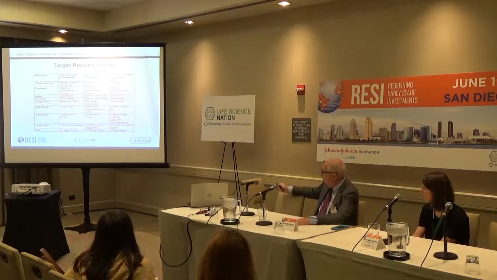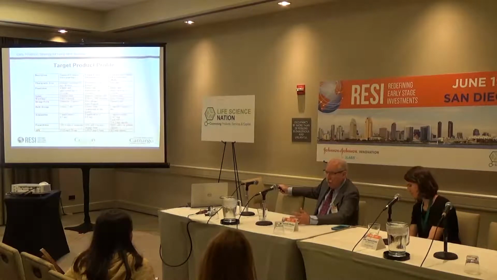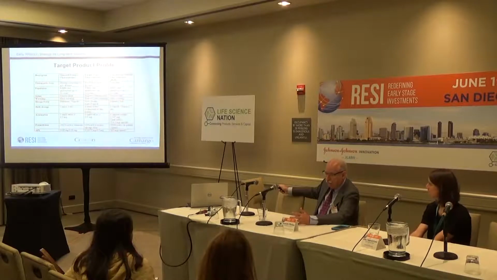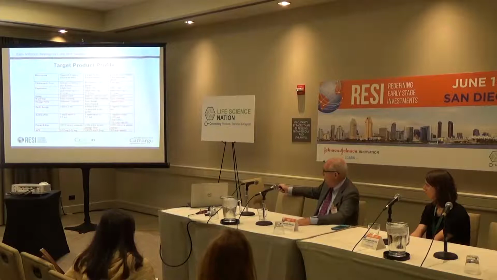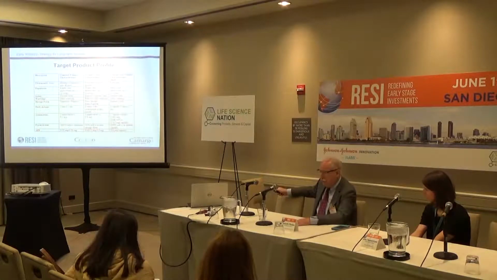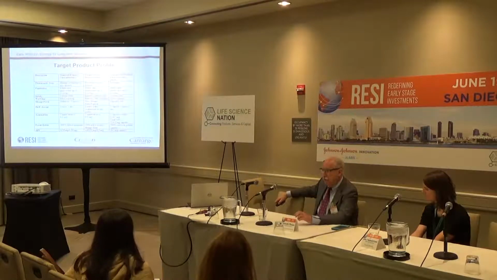Sometimes, if there's more than one column here, you could have multiple therapeutic options for whatever this disease is, and you'd be comparing those to your particular product. But there are many purposes for this. As I mentioned, the FDA wants to see it. They want to know what your labeling is going to look like, and what's going to be expected of them when it comes to making decisions about labeling.